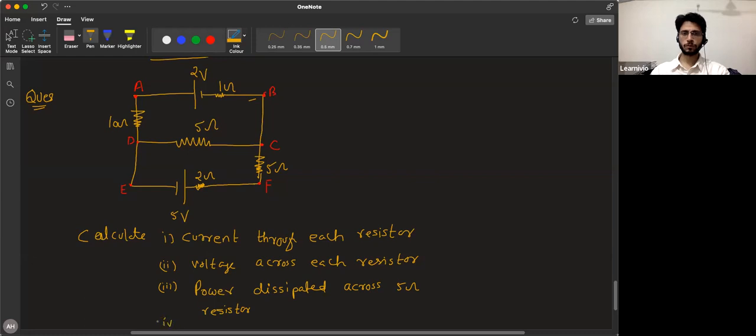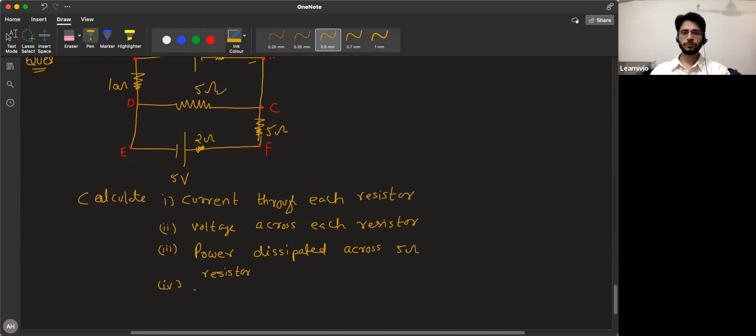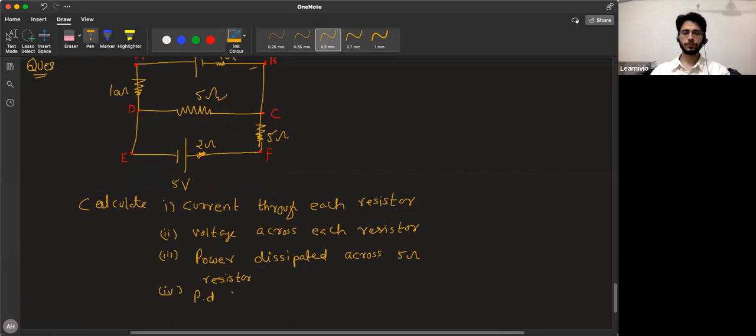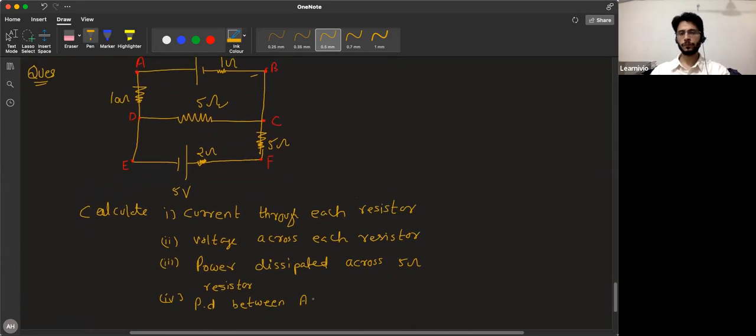Fourth: potential difference between A and F. We also need potential difference between B and C.